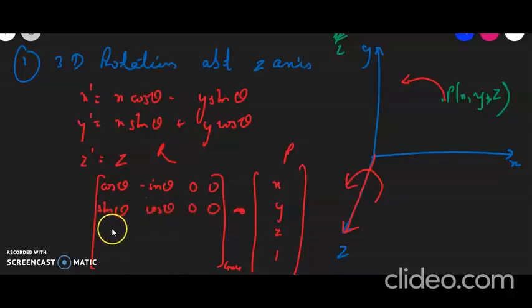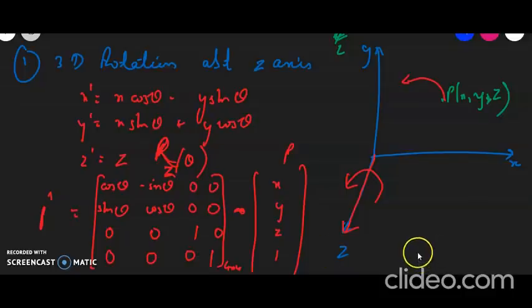The next is Z dash is Z, so it's 0, 0, 1, 0. And the last row is 0, 0, 0, 1. So this becomes my rotation matrix. This is my R matrix for positive value of theta, in Z direction. So this is RZ matrix.